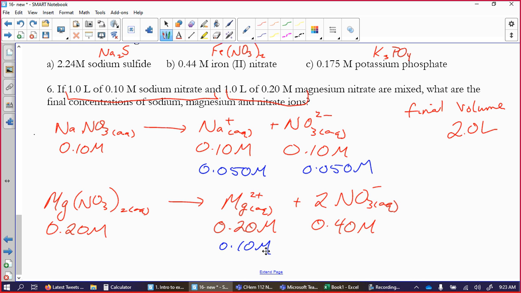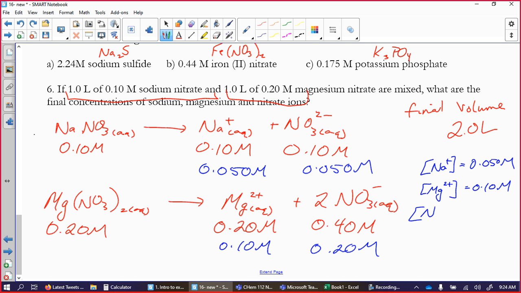Because concentration depends on the volume that's there. So my concentration of sodium ions is, my concentration of magnesium is, now my concentration of nitrate. Nothing in this mixture is reacting.